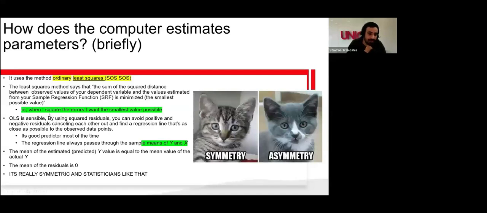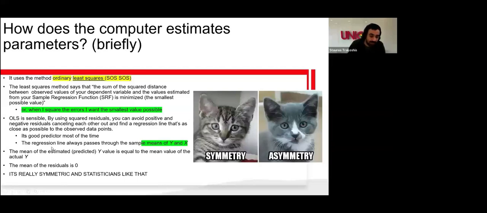The computational method that is trying to minimize the error is basically squaring the residuals to avoid negative values and then summing them to produce one value. And this is the squared error. Ordinary least squares is a sensible method. By using squared residuals, you can avoid positive and negative residuals canceling each other out and find a regression line that is as close to the observed data points.